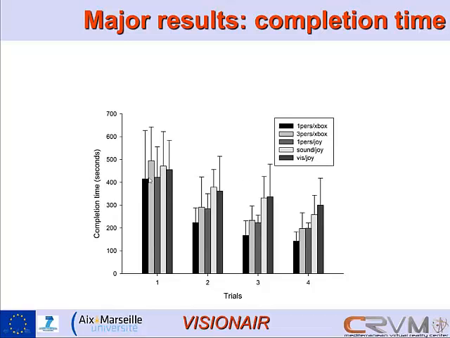In any case, what you can see is a repetition of a task, with learning of the environment. Completion time goes from, on average, 400 to 500 seconds, which is a long time, to, at best, 1 minute 20 seconds, which is in itself a good performance because the distance was long.